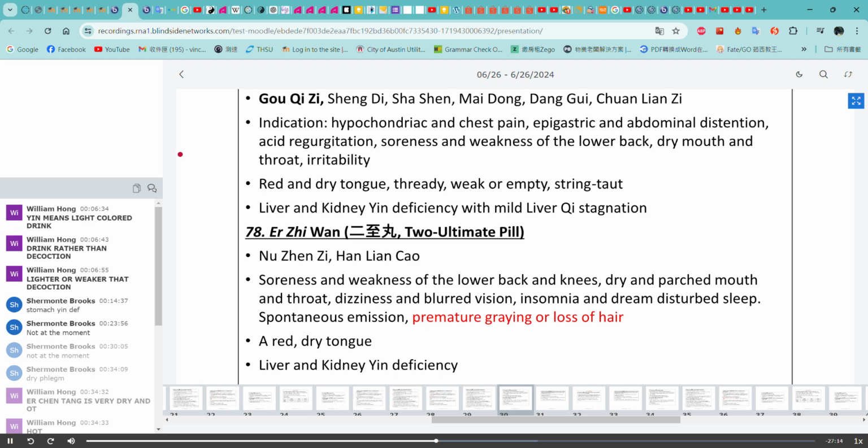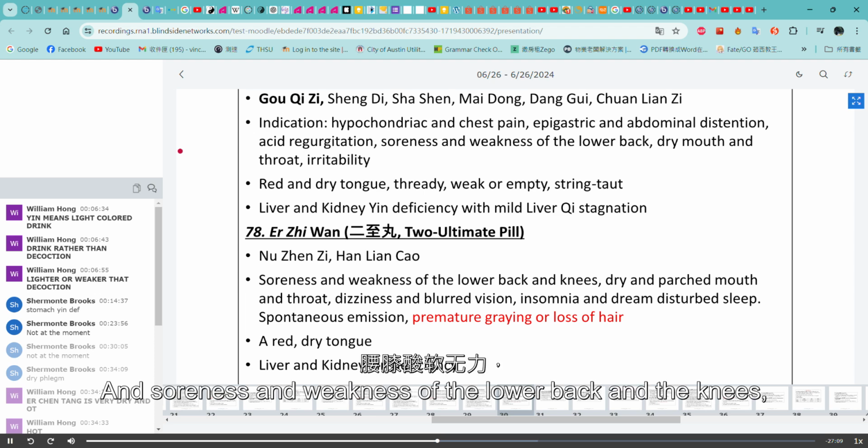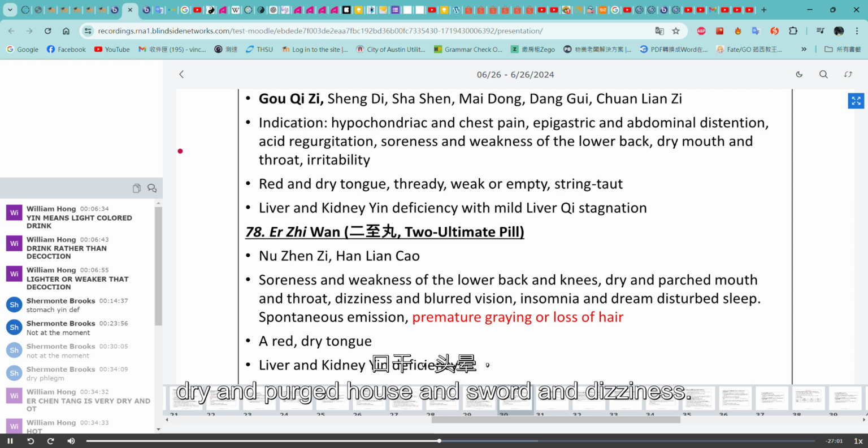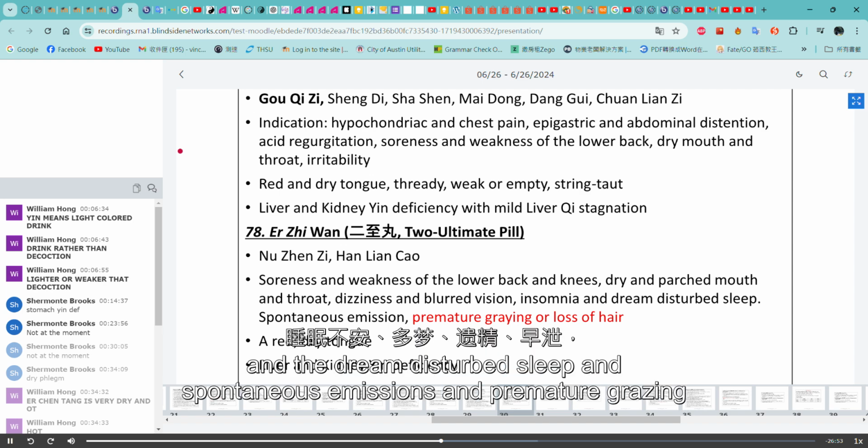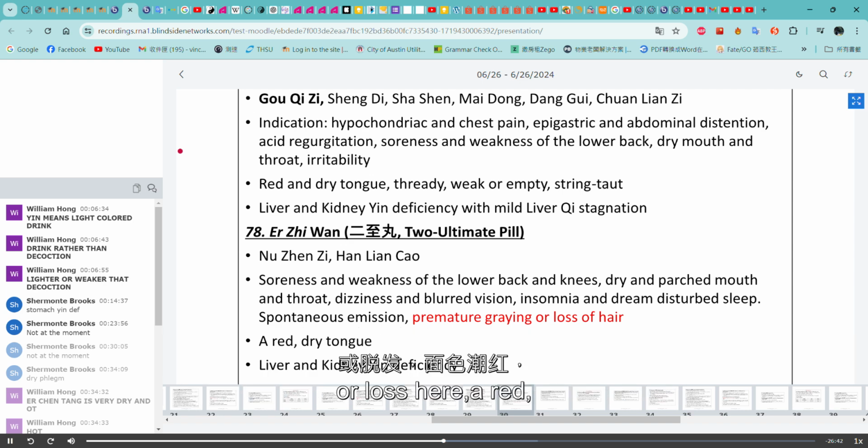And 二至丸: 女贞子 and 旱莲草. Soreness and weakness of the lower back and the knees, dry and parched mouth and throat, dizziness and blurred vision, insomnia and dream-disturbed sleep, spontaneous emissions, premature graying or loss of hair, a red dry tongue, liver and kidney yin deficiency.